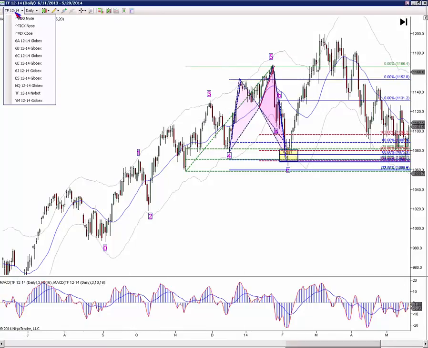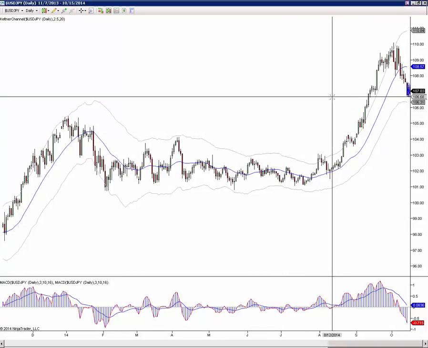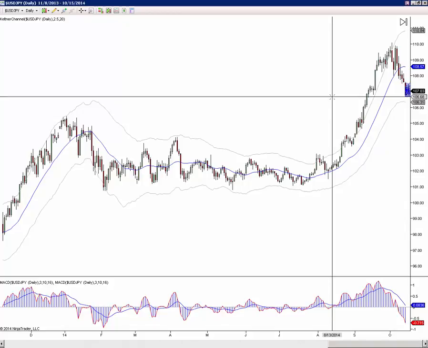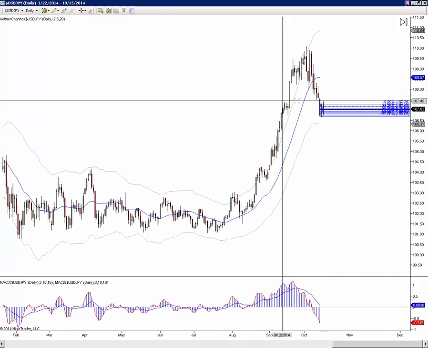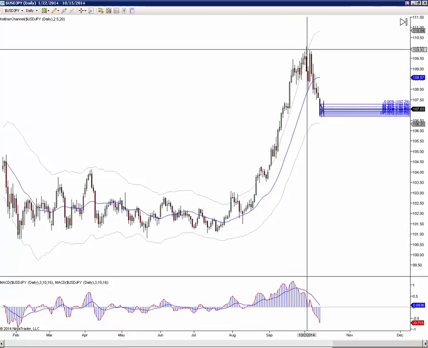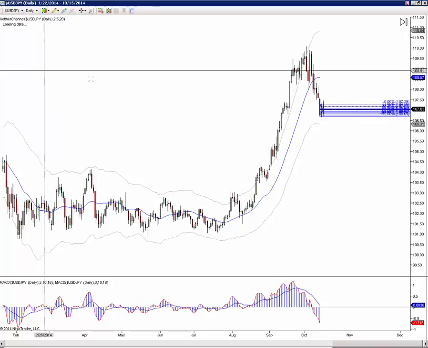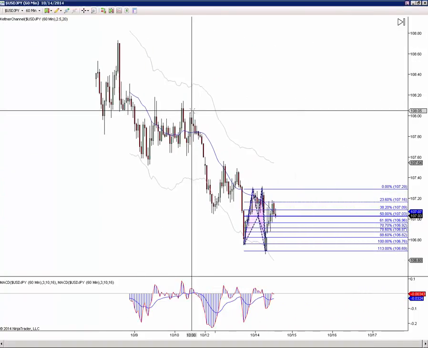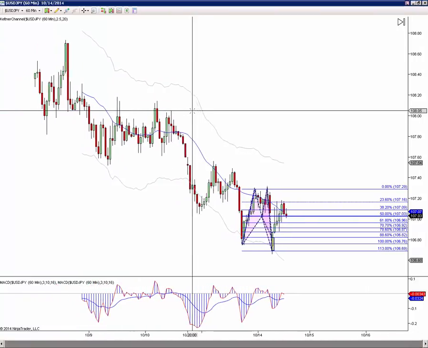Let me see if I can show you that. Now I get back to my regularly programmed schedule here. Okay, we see that the daily chart has been moving up. It's getting its correction. We all agree on that, right? We all agree that this is an hourly chart.